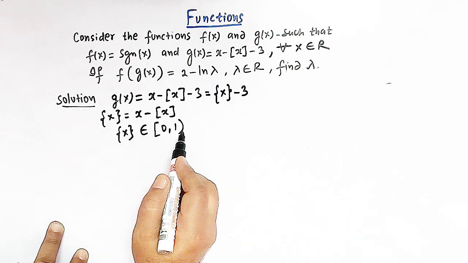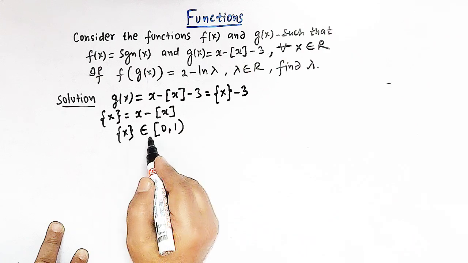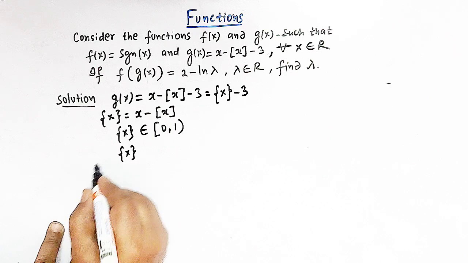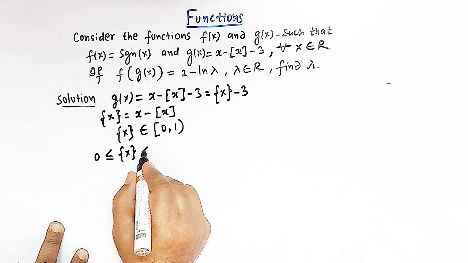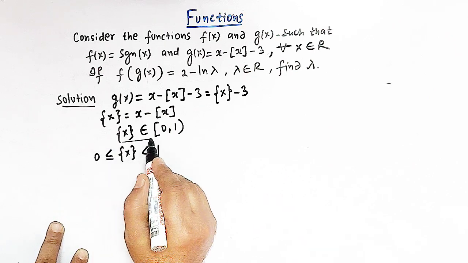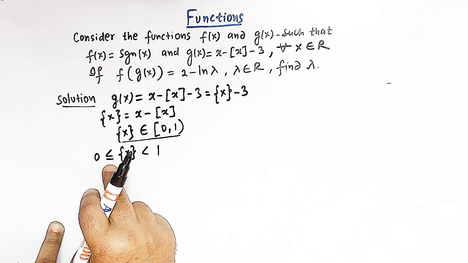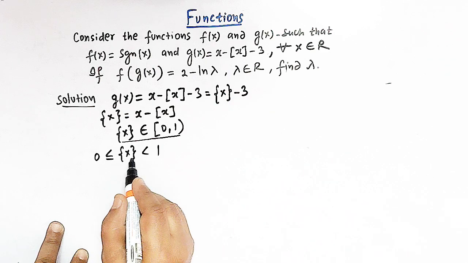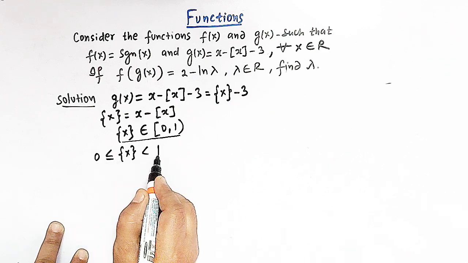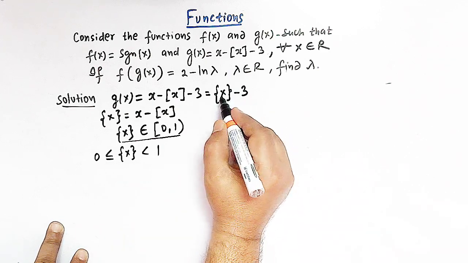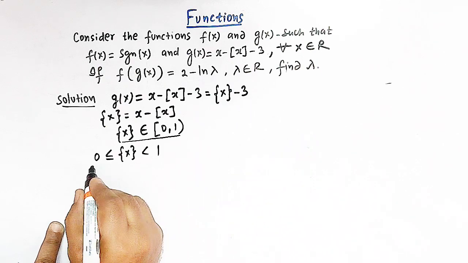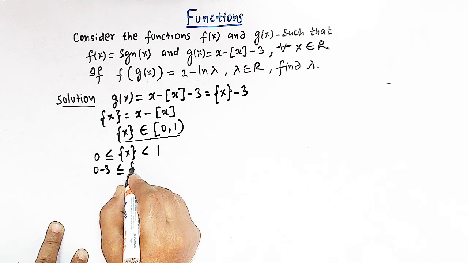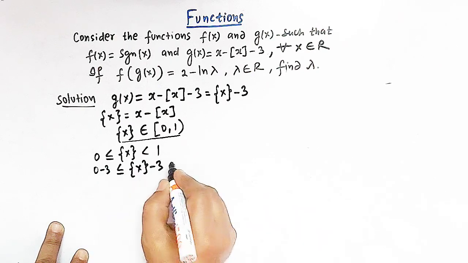Now, fractional part of x belongs to this interval, so we can write 0 less than or equal to fractional part of x less than 1. Let us subtract 3 throughout this inequality, because we have fractional part of x minus 3.